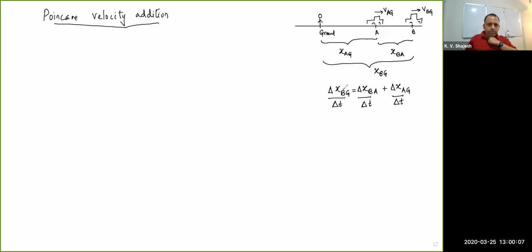And this immediately gives velocity of B measured with respect to G is equal to velocity of B with respect to A plus velocity of A with respect to the ground. And that's the velocity addition formula in Galilean relativity. So that's Galilean velocity addition. I think I pronounced Galilean correctly.